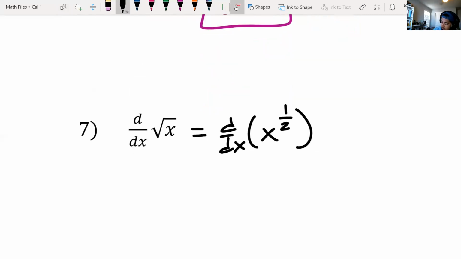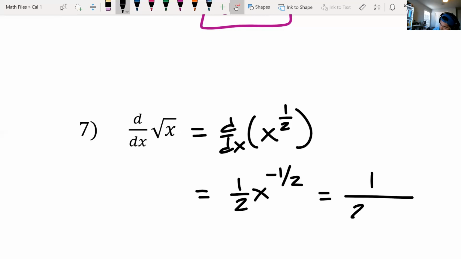And this puts it in the proper form so we can take the derivative. And that means what number is coming down? 1/2. 1/2 x to the what power? Negative 1/2. Now that's a cool answer, but what's another way to rewrite this? 1 over 2x to the 1/2, right?